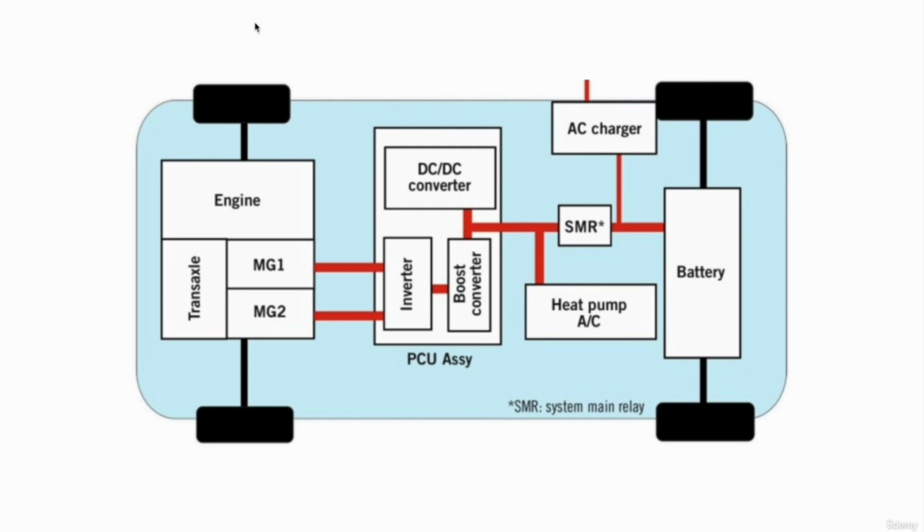This mechanical power will help to drive the wheels. So mainly MG2 functions with the help of the engine. The engine and MG2 will work together to compensate for their shortcomings and to drive the wheels. And MG1 will also work with the engine to generate electricity. So this is an overview of how hybrid electric vehicles look.